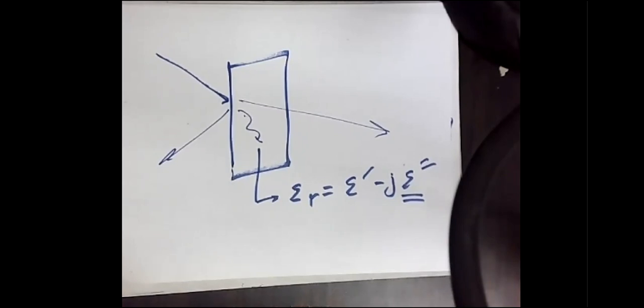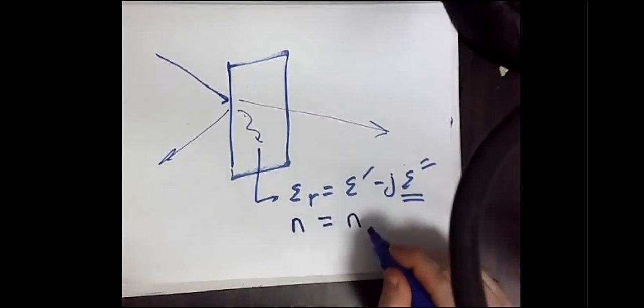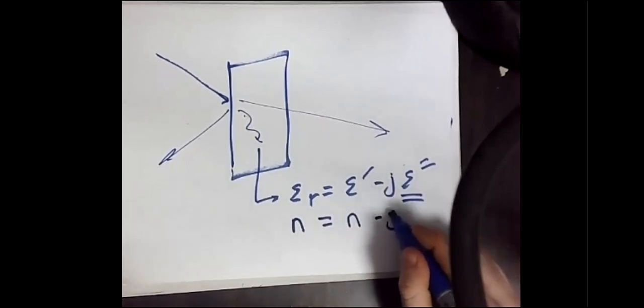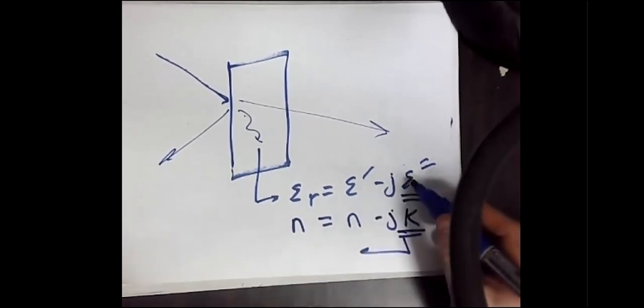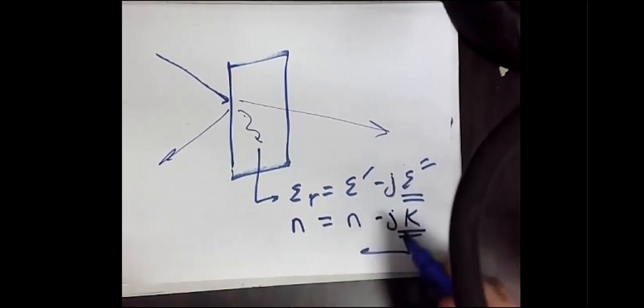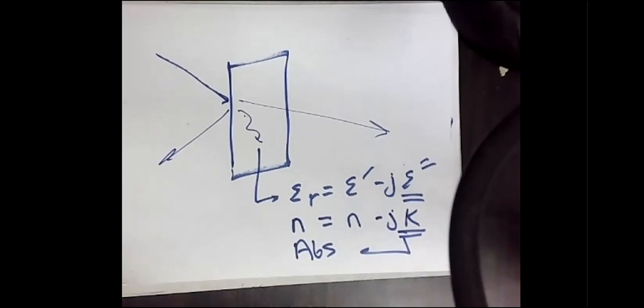As I mentioned in my first part, the root of this relative permittivity is the refractive index. So generally, you can say that n, the refractive index, equals n' minus jk, and this k, corresponding to epsilon'', is the term responsible for absorption. So absorption can occur in an optical fiber.